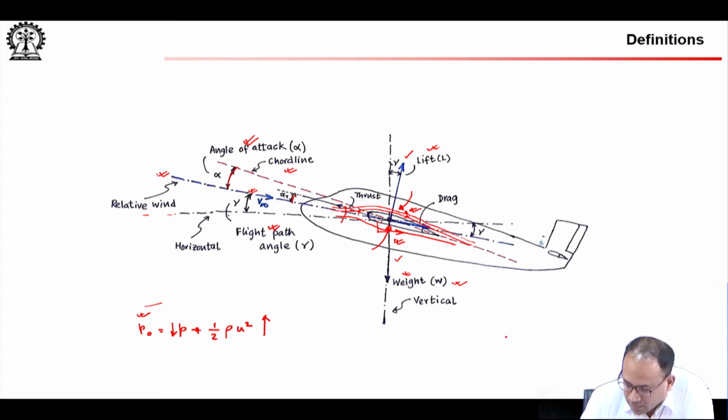think of an airfoil over which you have air passing.